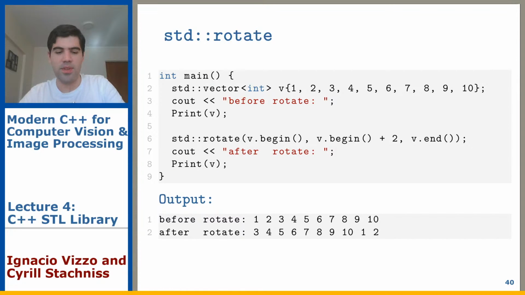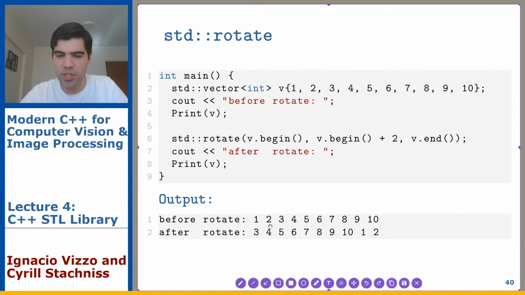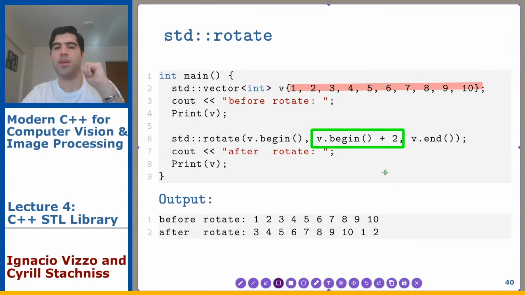Rotate, for example. This is a shift rotate operation. We have these elements, and for example, we want to rotate this array. So let's use arrows. In this case, this element right here will be the second element from the beginning of the container. So you can use this syntax with iterators.